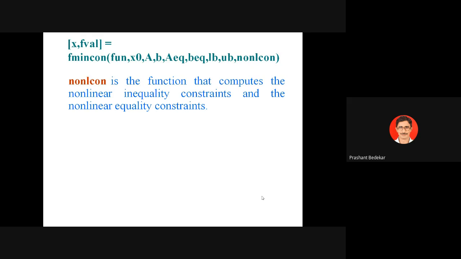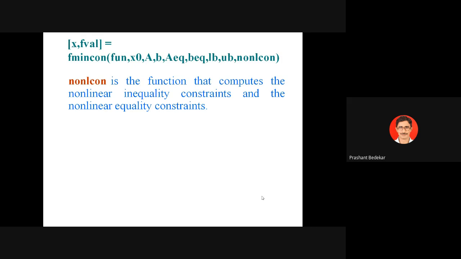Even if your function is linear, it has to be written in a separate file. You cannot write it in the main program just by writing the coefficients of the design variables, as we did in the case of linear programming. Because in linprog it is fixed that you are going to solve a linear problem only. Here it is fixed that you are going to solve a non-linear problem. Even if the function is linear, it has to be written in a separate M file.